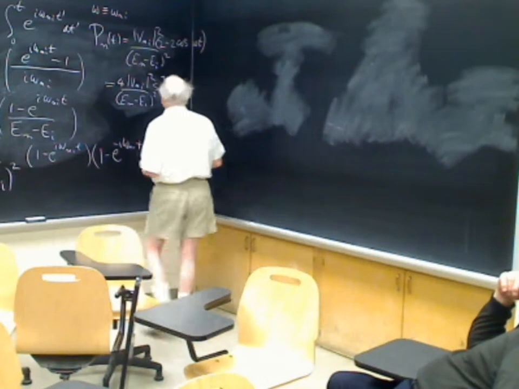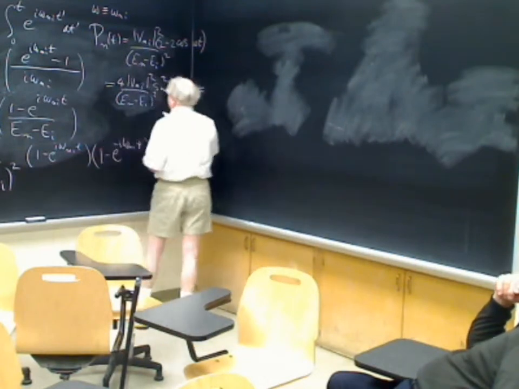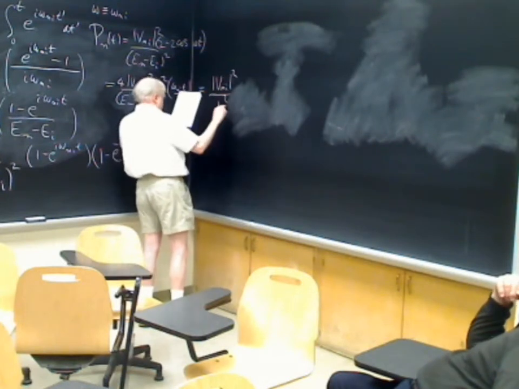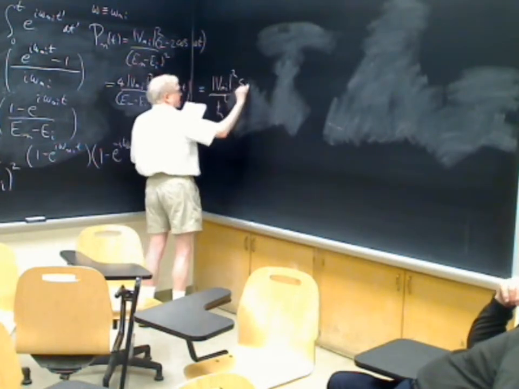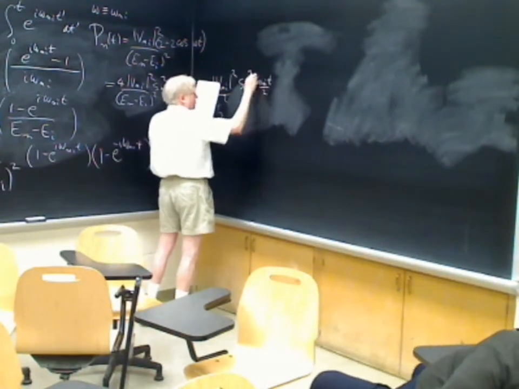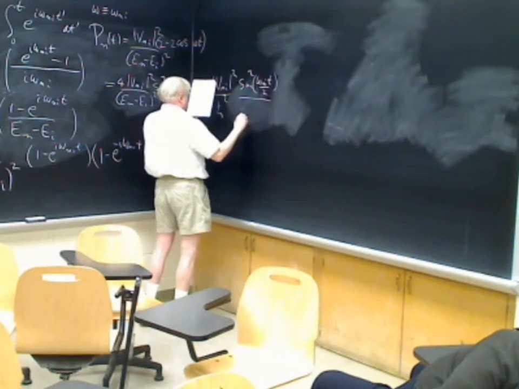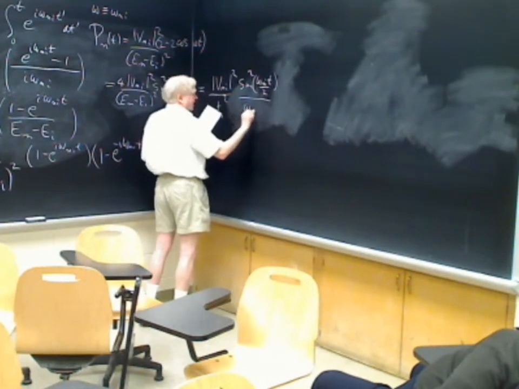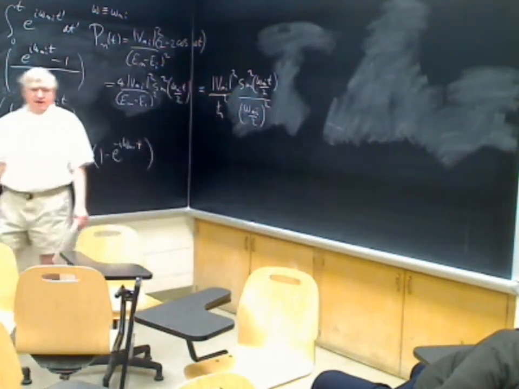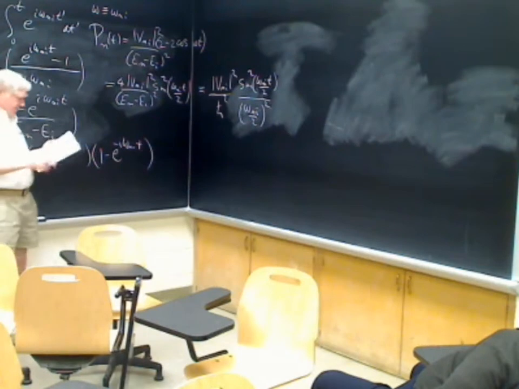And in fact, we can do one more trick by pulling back in the h bars. We can write this as V_ni squared over h bar squared, sine squared of omega_ni t over 2, divided by omega_ni over 2 squared. So we absorb the 4.